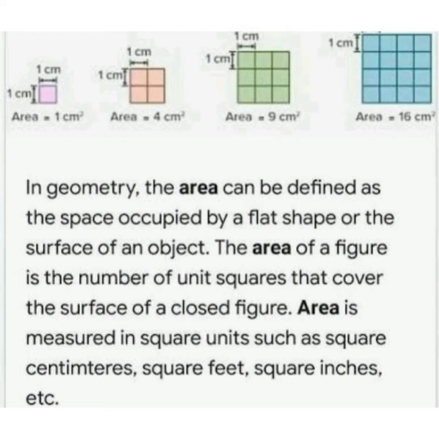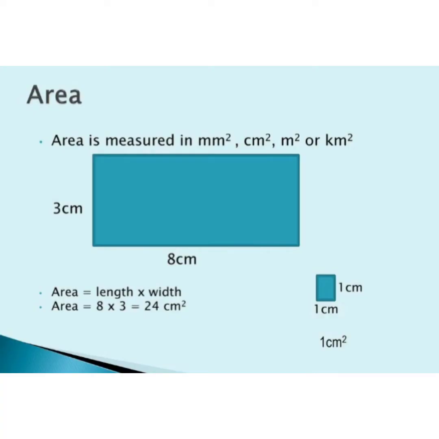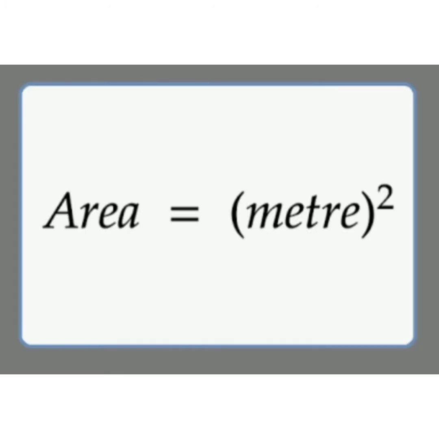Area is measured in square units such as square centimeters, square feet, square meter, etc. The SI unit of area is square meter. The symbol is meter square.